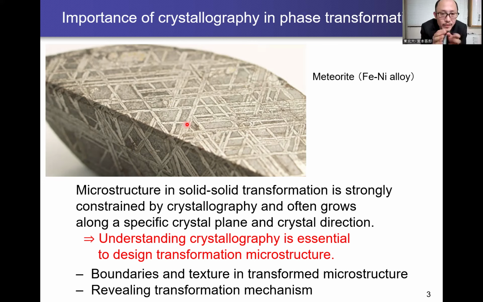Many different orientations of Widmanstätten ferrite are present in this single austenite, which means there are variants. So understanding of crystallography is very important to control microstructure after transformation, especially since crystallography has strong influence on the boundary density and texture, and is also strongly related to transformation mechanism.